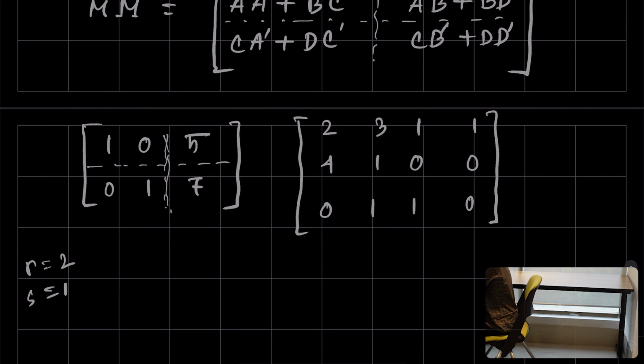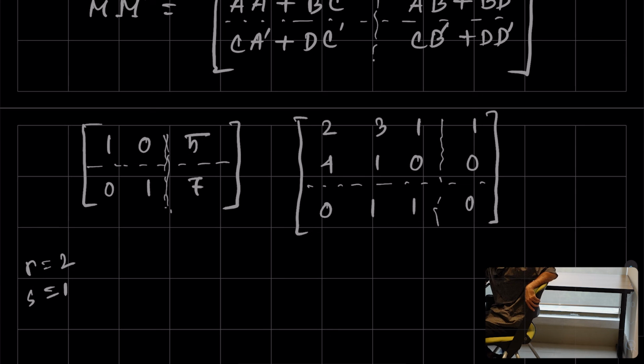And for the second one, the number of rows will be 2 for R equals 2 and S equals 1, so it will be like this. 2 plus 1 equals 3, and this is the number of rows in the second matrix, right?